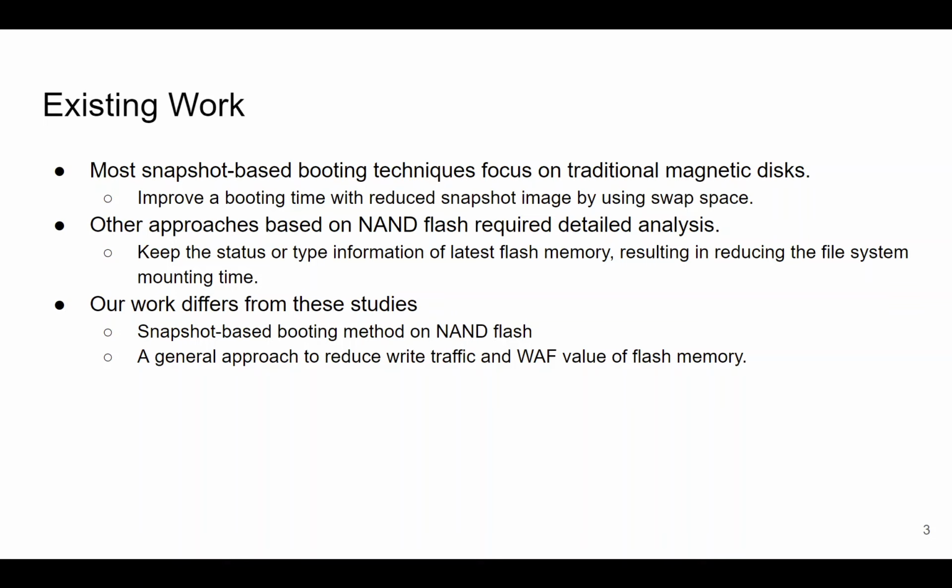For example, a study keeps status or type information of the latest flash memory to reduce the file system mount time. Our work differs from these studies. We used snapshot booting on NAND flash, focusing on reducing write traffic and the WAF value of flash memory. And our approach is more general to apply to devices.